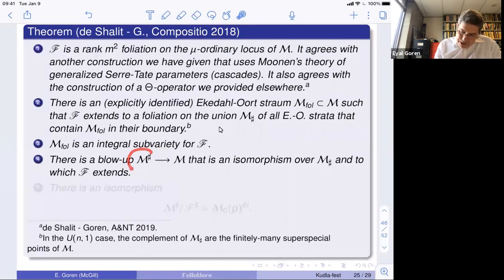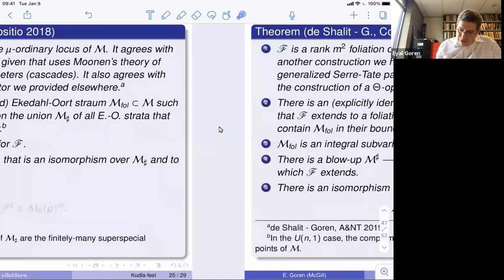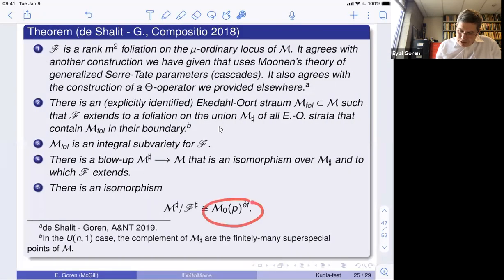And it's interesting because you really need to do this modification of M, this blow up, to understand this Shimura variety with level P structure. Okay, so the theorem is that once you blew up M to extend the foliation, you can now divide by it, and that defines the tau component for this Gamma_0(p) level structure.